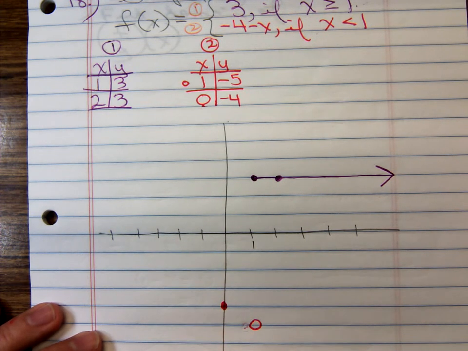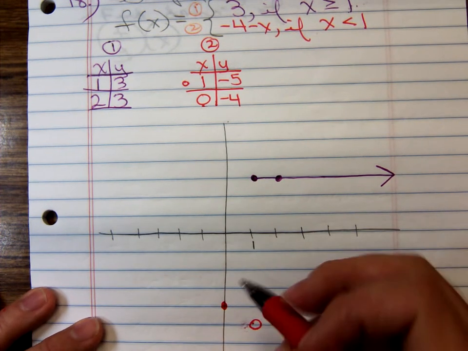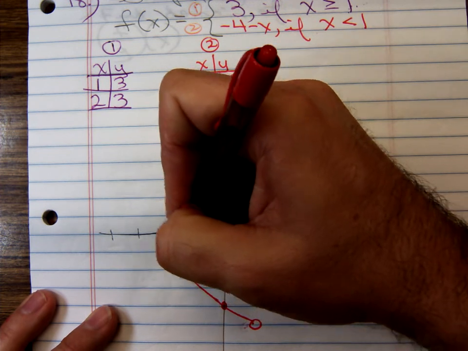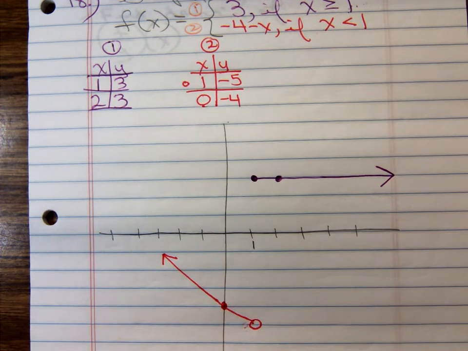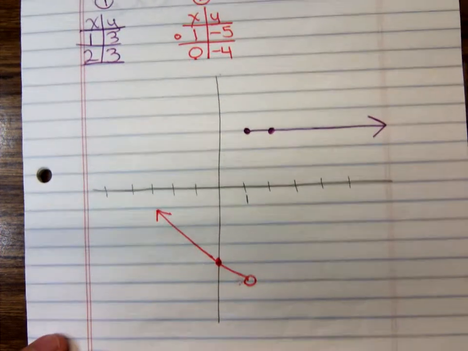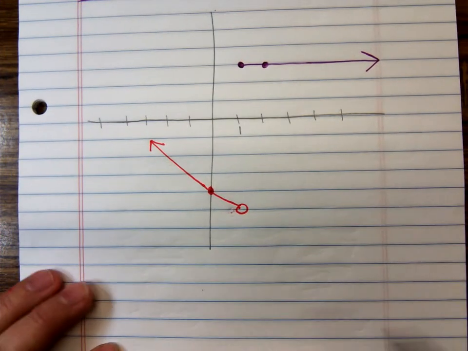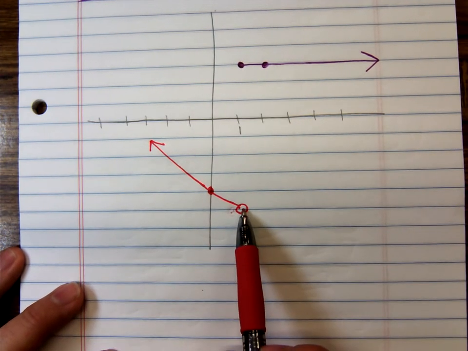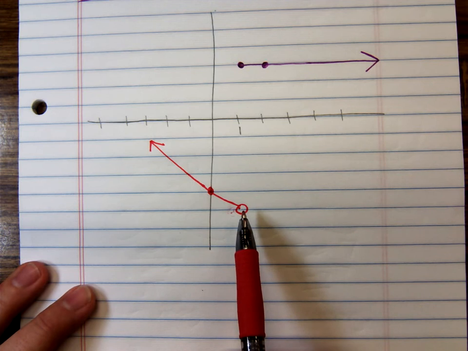No, so the left side shouldn't stop. There. So notice on the horizontal ray we have a closed dot at the end point. On the diagonal ray we have an open circle at the end point.